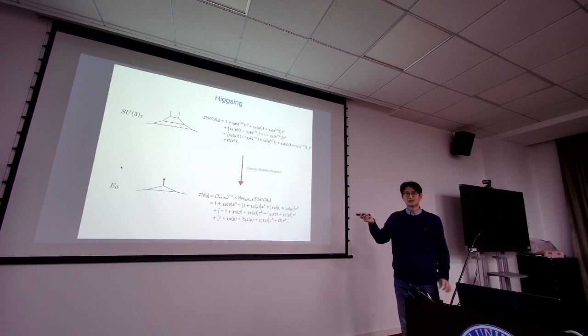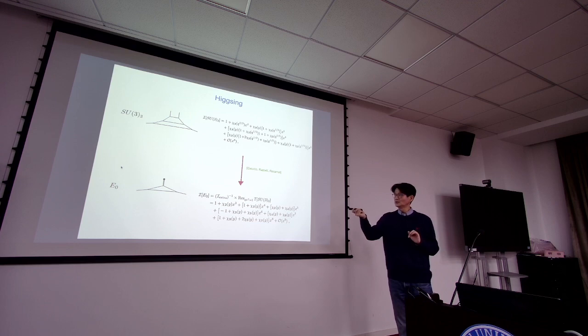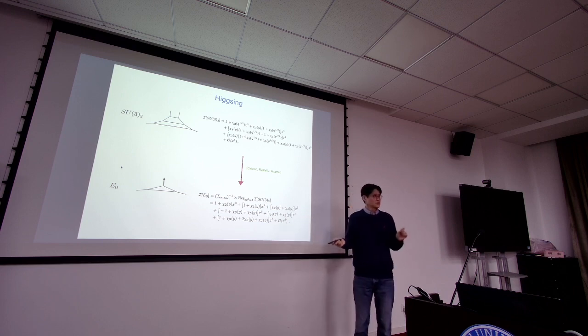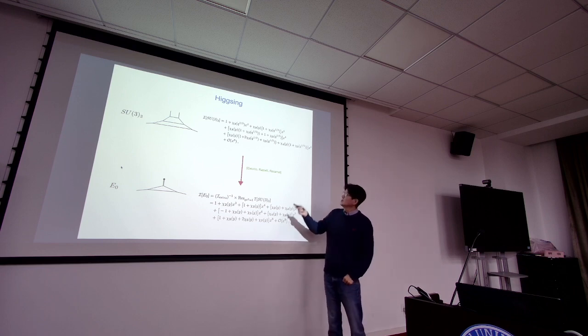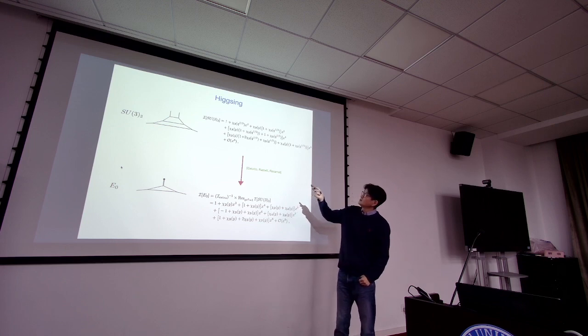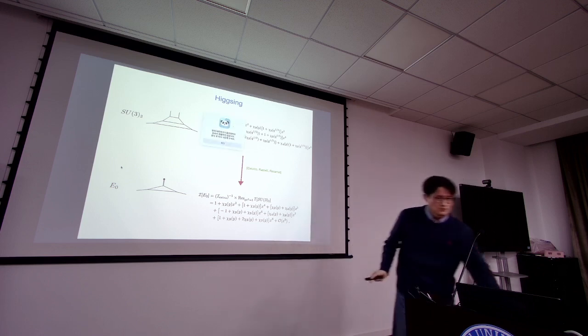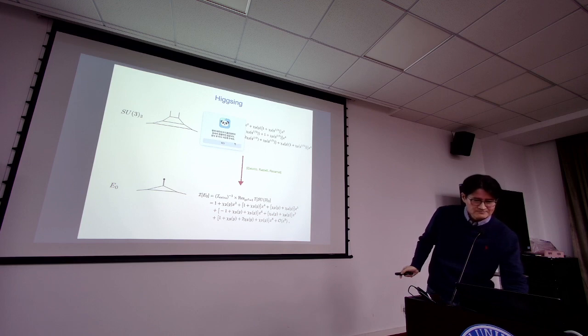You look at how Higgsing arises, and you plug in this factor, and you also take into account the Goldstone mode, and then it has the index structure. So notice one thing, that unlike this index, it starts from the 1, and the next is the x squared, which gives rise to the global symmetry of these.